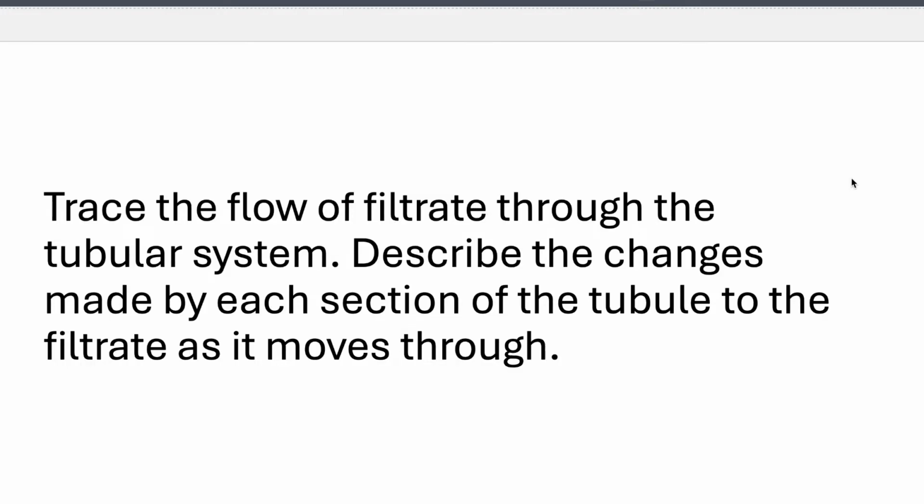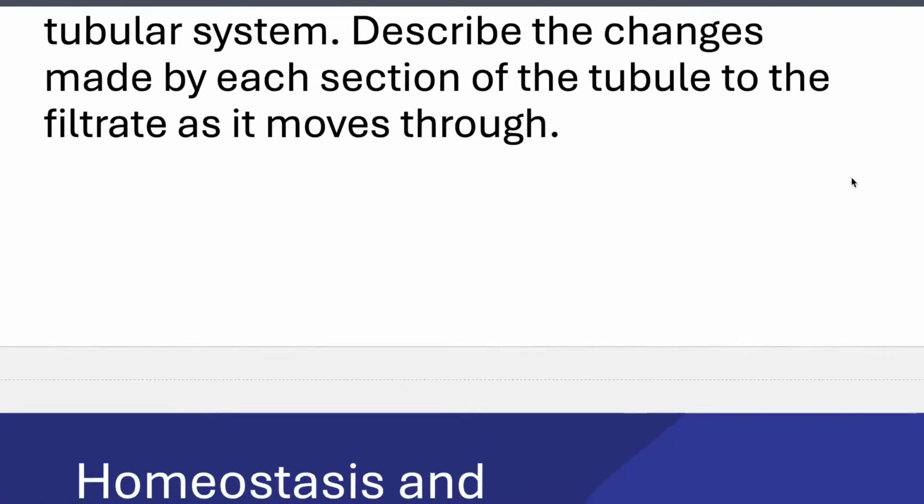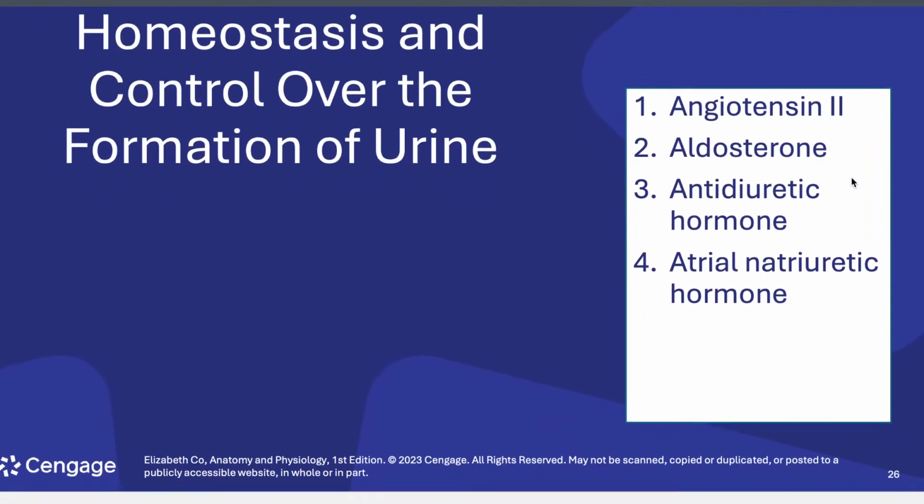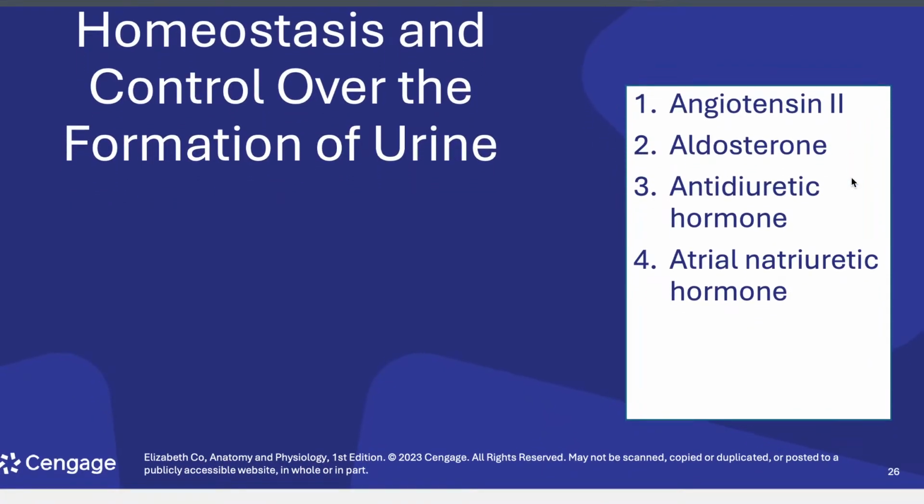But overall, the collecting duct reabsorbs sodium, chloride, water, magnesium, phosphate, and hydrogen ion, and secretes hydrogen, ammonia, potassium, and drugs. So that's homeostasis and control over the formation of urine.